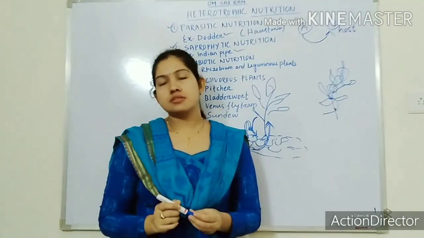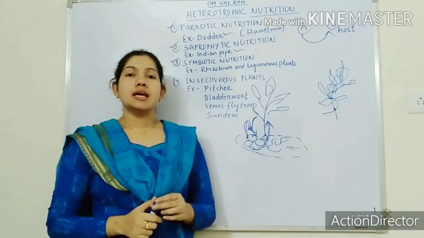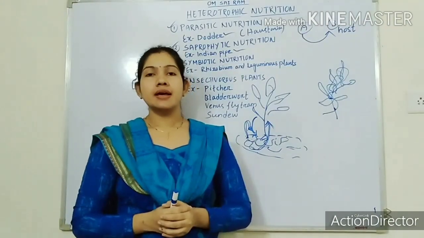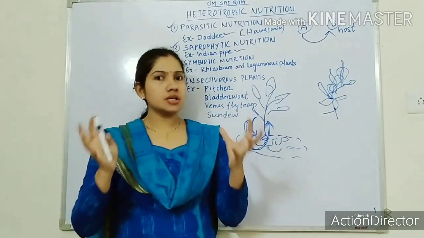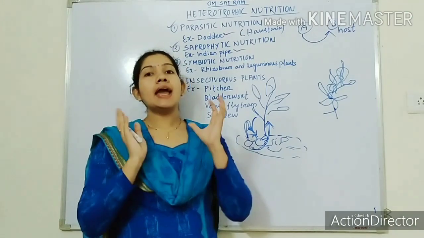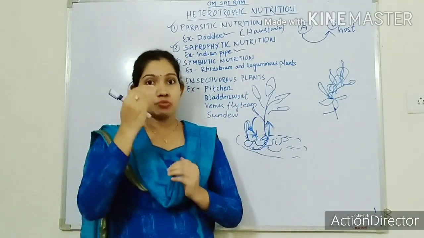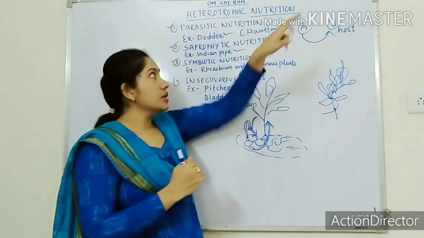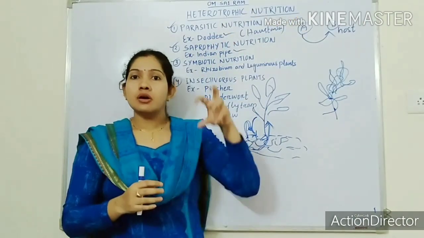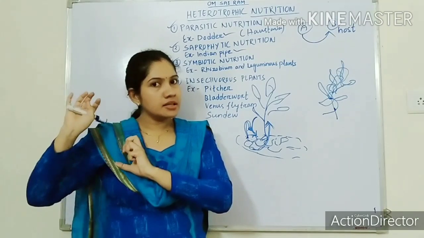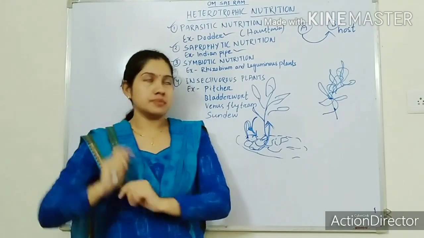symbiotic nutrition. Symbiotic nutrition is a mode of nutrition in which two organisms are associated and both benefit each other. Okay, see, one by one we are moving down. In parasitic nutrition, one organism will feed on another and harm the other organism.